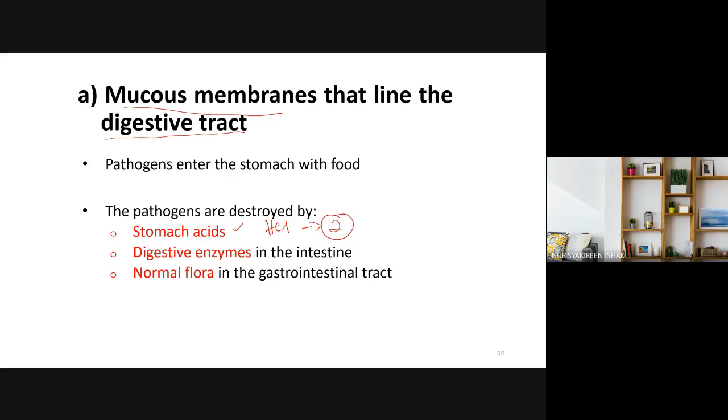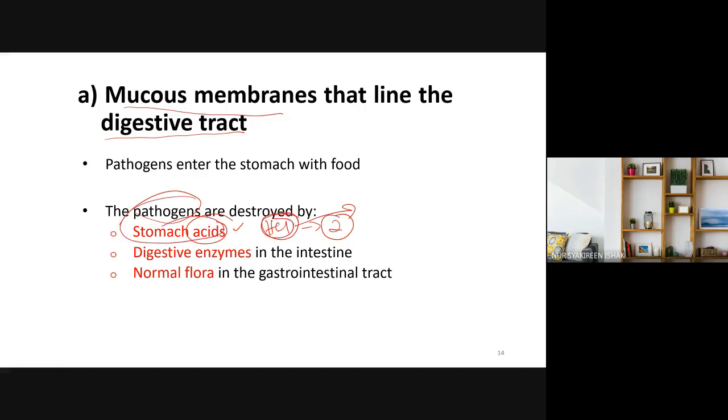Okay, so one of the function of the hydrochloric acids, okay, is to destroy pathogen. Another function of the HCl is to activate pepsinogen. Okay, pepsinogen to pepsin to digest protein. Tapi fungsi HCl juga adalah untuk kill off pathogen.